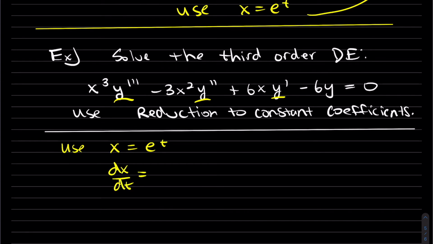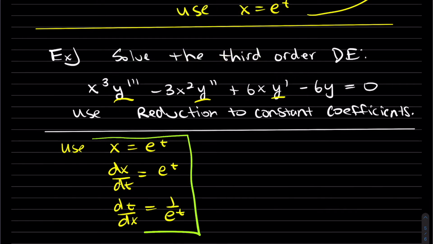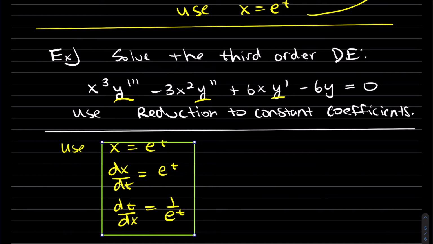First let's take the derivative of both sides here with respect to t, and then flip it. So our first box that we're going to have, that we'll be using.